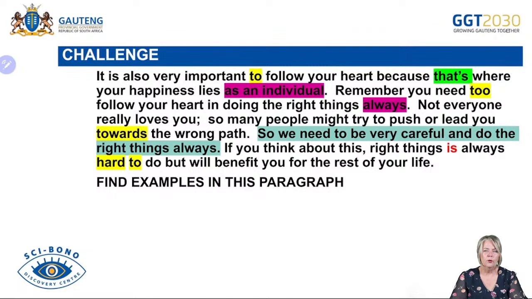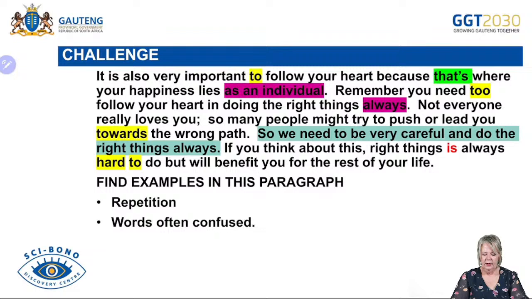"Right things is always," that's concord. In other words, agreement between subject and verb. Right things, plural, "is always hard to do, but will benefit you for the rest of your life." So there's an example of repetition. We can also talk about redundancy. Words often confused: to and too, where and whether.